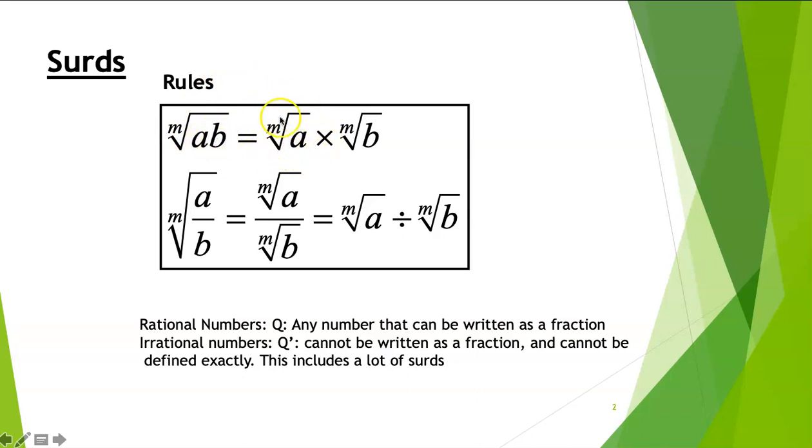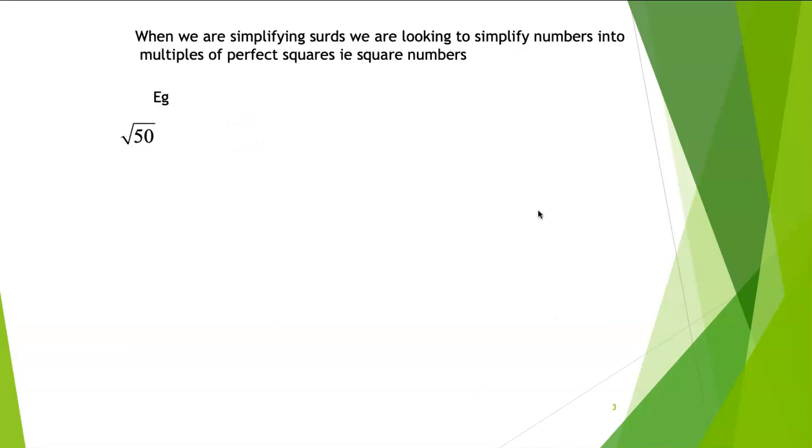This will be the root of the first number times the root of the second number. Then division, again, you can split them. It will be the root of the numerator over the root of the denominator. Those are the first two rules that you have to remember, and we're going to use them when we simplify or rewrite surds.